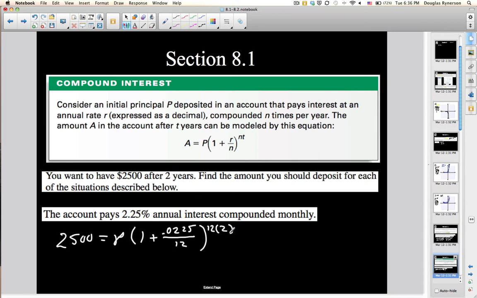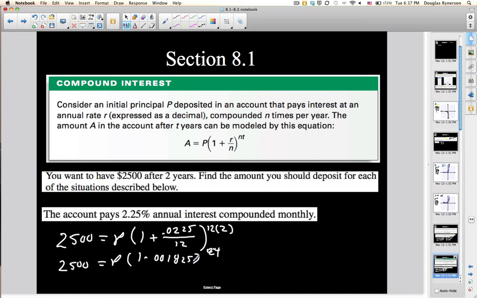When I simplify this, I'll get that the amount I'm looking for, still $2,500, is equal to P times 1.001825 to the 24th power.